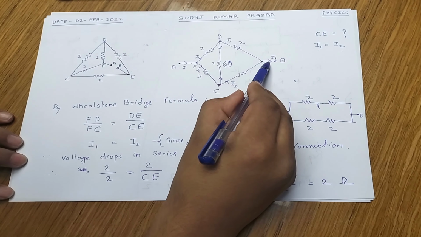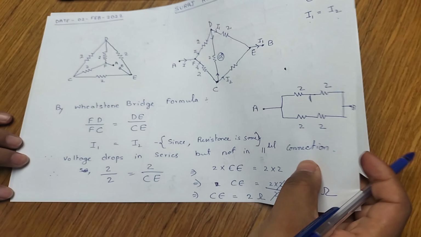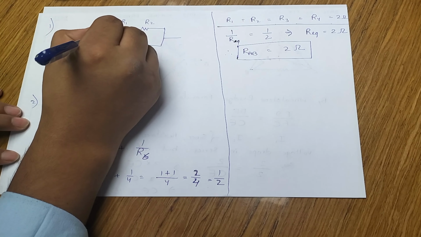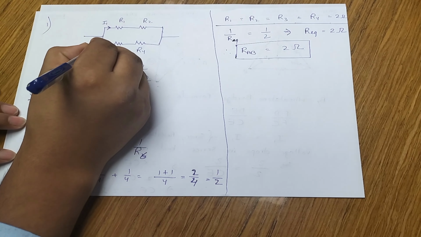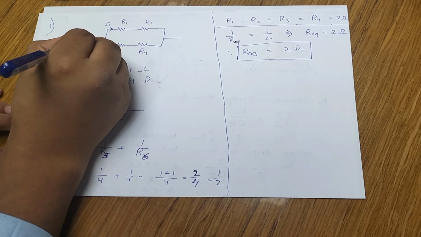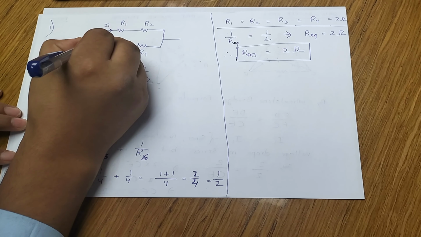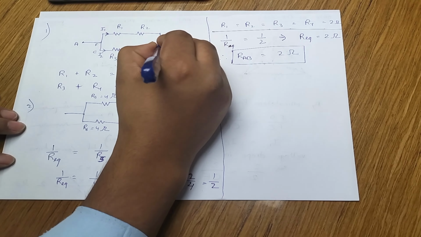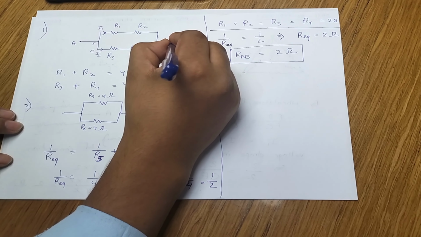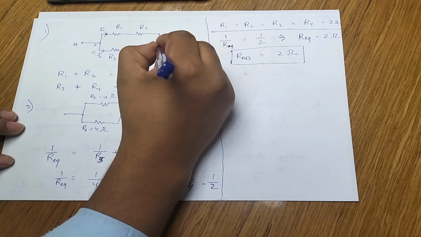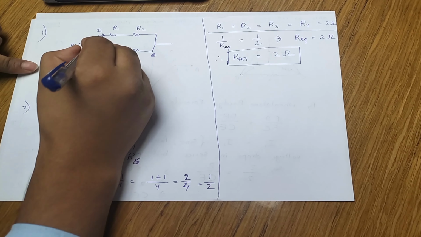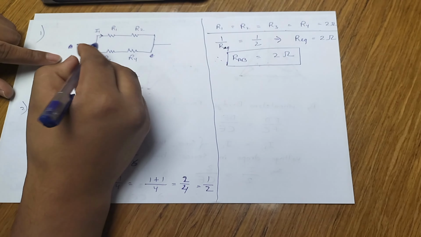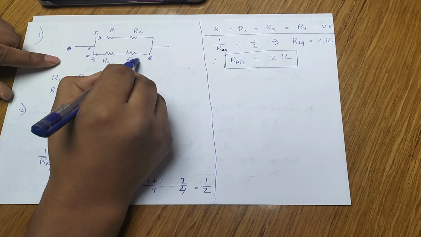So if I1 and I2 are both the same, in this geometry also we can identify that I1 current flows and I2 current flows. Let's go straight forward. So I1 and I2 both currents will be the same.